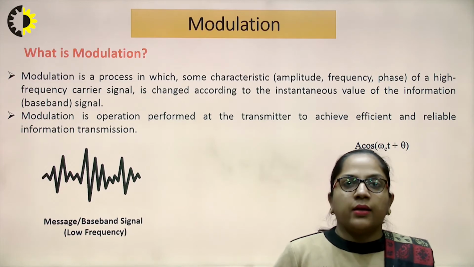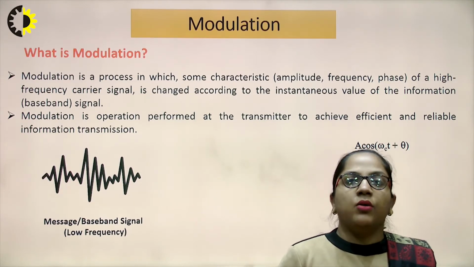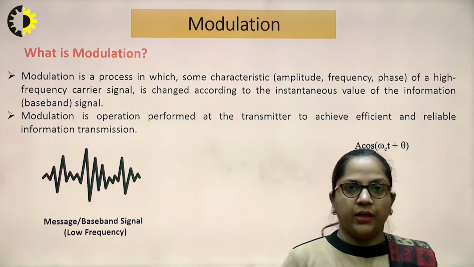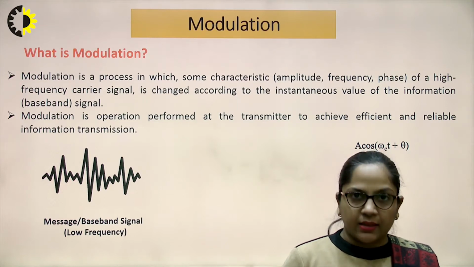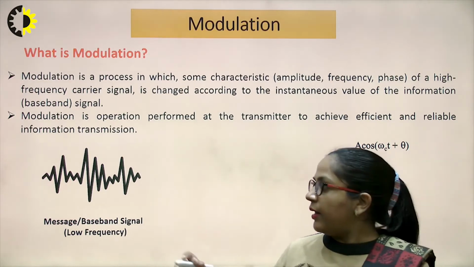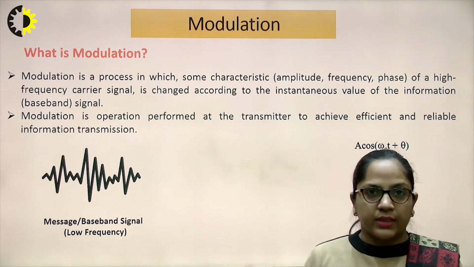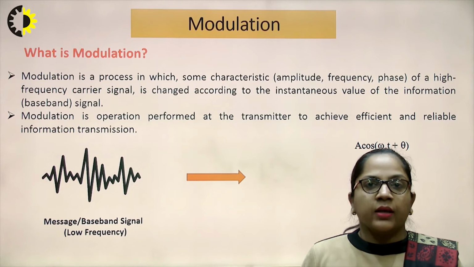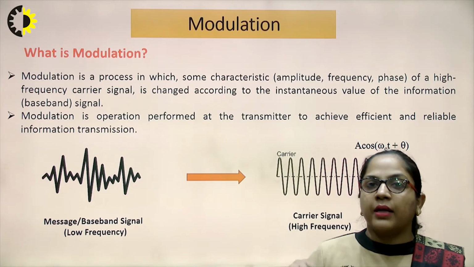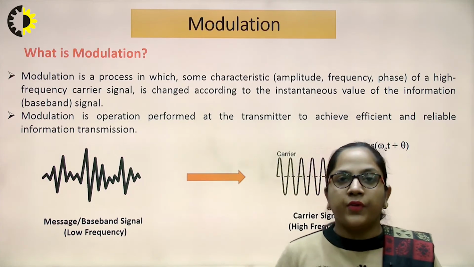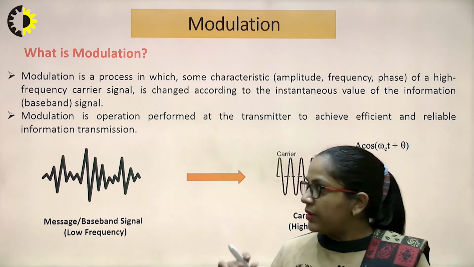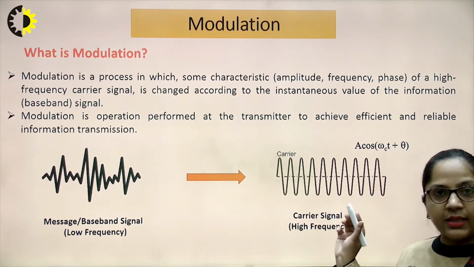We know that our message signal is generally a low frequency signal and we call it a baseband signal. So here I have represented a message signal that is usually a low frequency signal. Then we need a carrier, which is generally a high frequency signal. What is a carrier signal? How can we define this carrier signal?